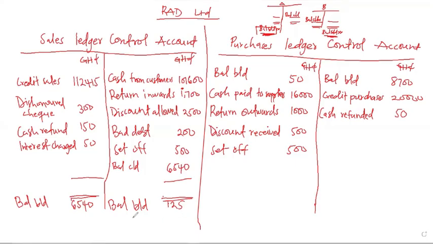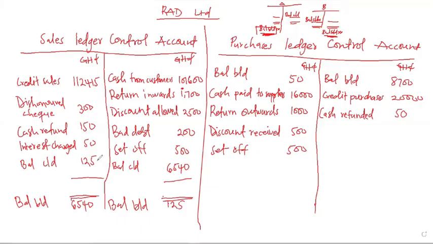If there is a credit balance here, then there is a balance carried down. No one should tell you, but you should know. If there is a balance brought down on the credit side, then there is a balance carried down over here with that same amount. You are done with this one.